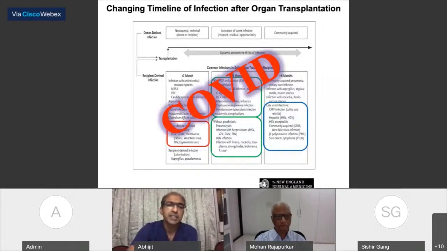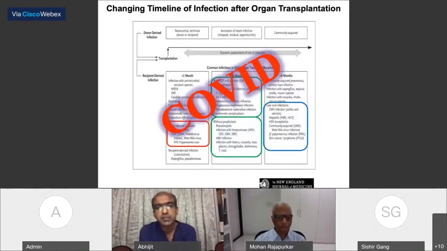So there is a changing timeline for the presence of these infections. Unfortunately, COVID has come, and both of them came together. But basically what I wanted to show was that in less than 1 month, usually the donor-derived infections like HSV, LCMV, rhabdoviruses, West Nile in some places, and HIV are some of the infections that we have to deal with.